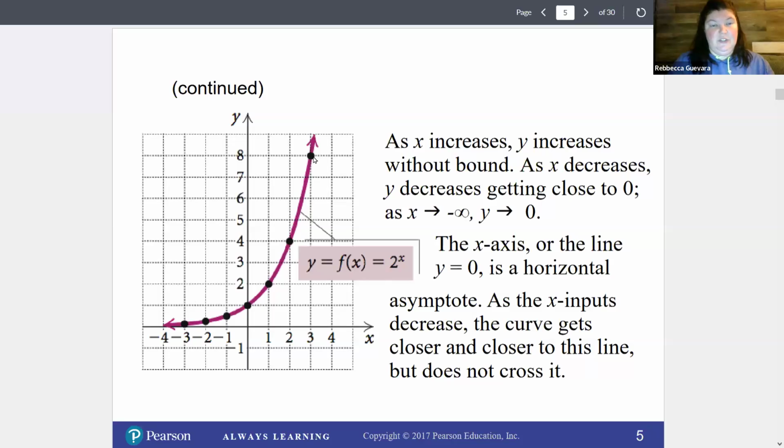Once again, this is your 2 to the x, and it looks like this. As x increases, y increases without bound. This is what we call an increasing function. As x decreases, y decreases, getting closer and closer to 0, meaning we have an asymptote.